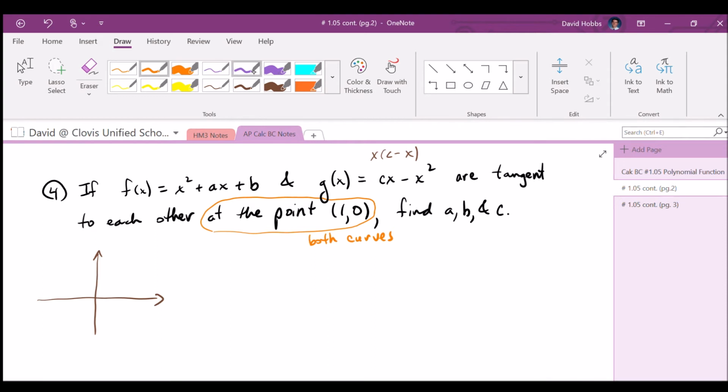Okay, g is opening down too. So here's g of x. And if they're tangent to each other at 1, 0, then f of x is doing something like this.